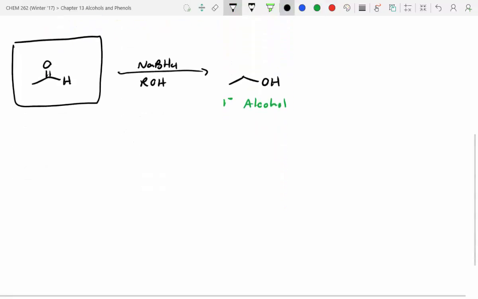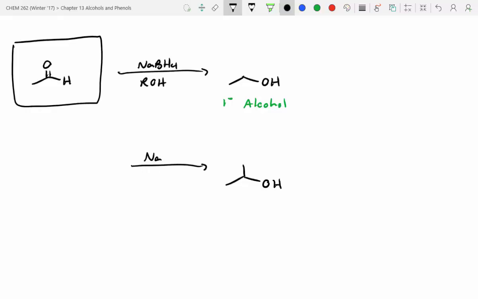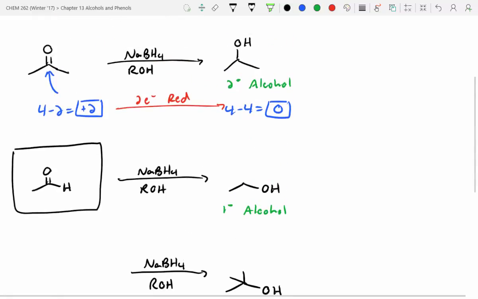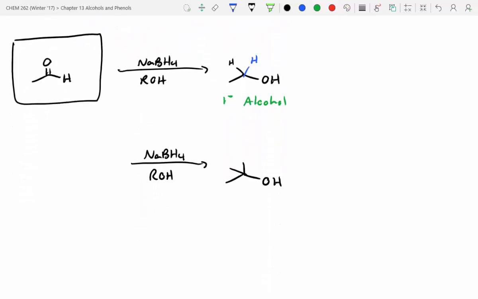All right, let's do the same thing with the tertiary alcohol. What would our starting material need to be? Let's take a look at it here. On this one, we essentially added in, I'll draw in a blue hydrogen. In this one, we had that black hydrogen, but we added in a second blue hydrogen. What would our starting material need to be for this one?